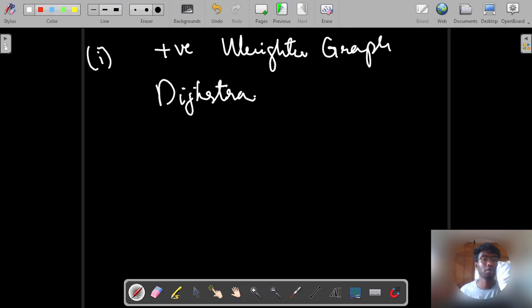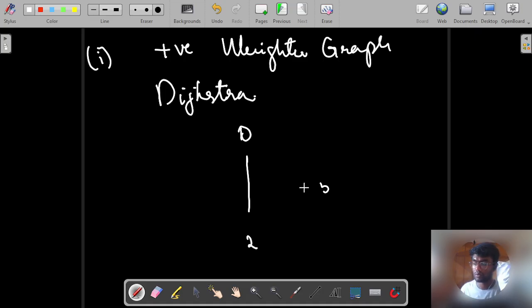Okay, so let me draw out an example. Let's say we have the 0th node going to nodes 2 and 5.